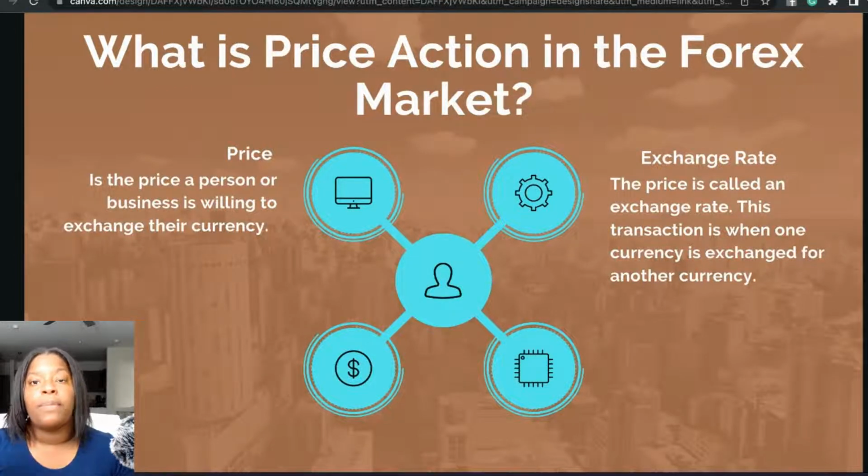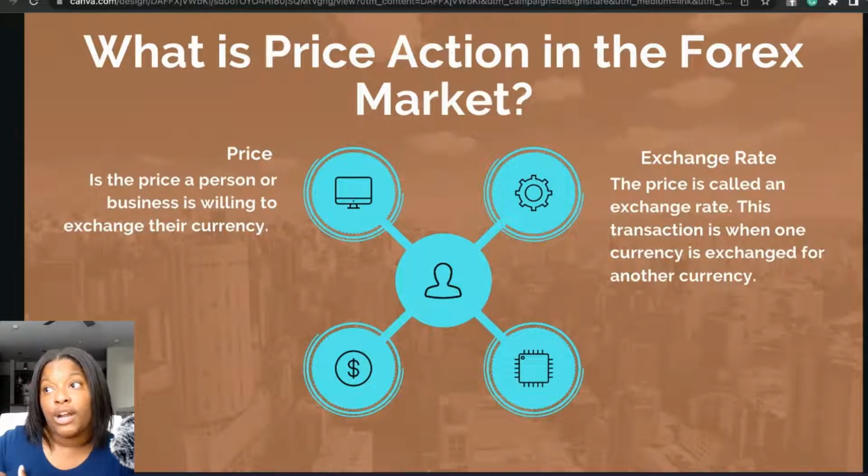When people came into the bank, they had American dollars, and I had euros or pounds. I had to exchange their dollars for whatever currency they needed that we kept in our bank. Once again, that is called an exchange rate.